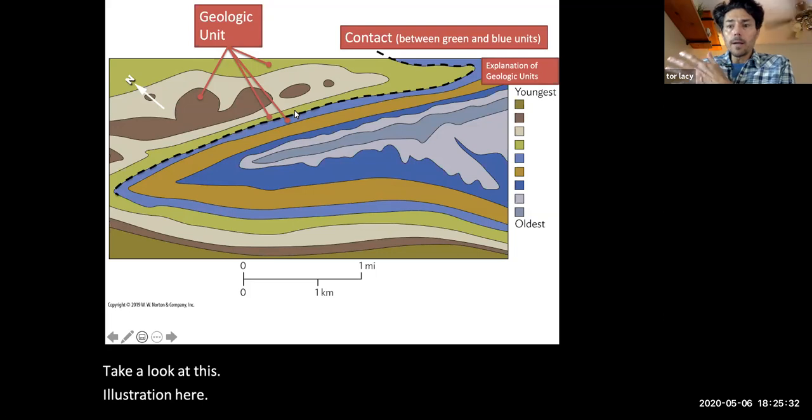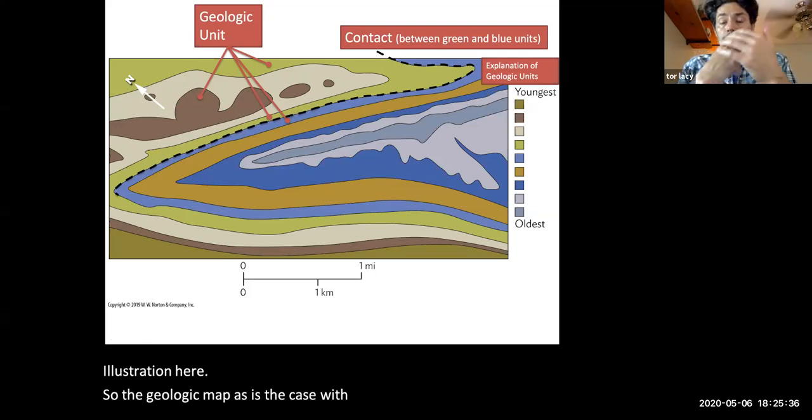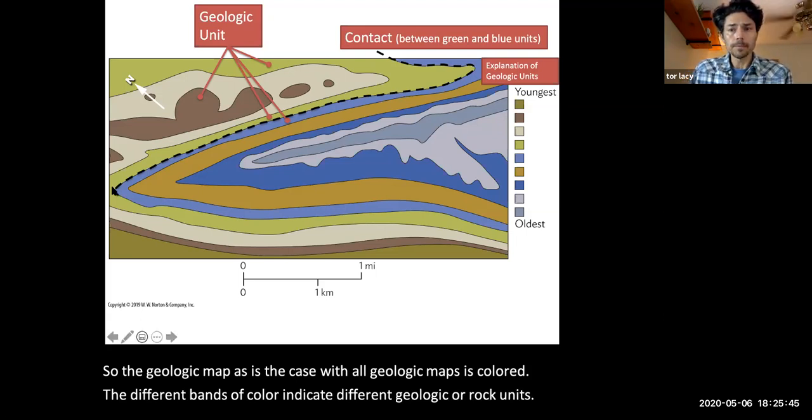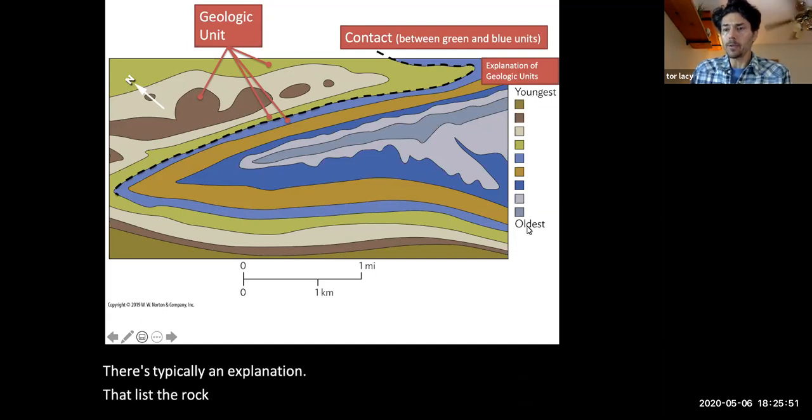The geologic map, as is the case with all geologic maps, is colored. The different bands of color indicate different geologic or rock units. There's typically an explanation that lists the rock units from youngest to oldest.